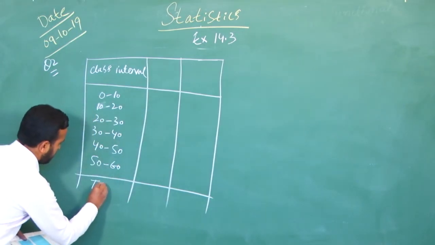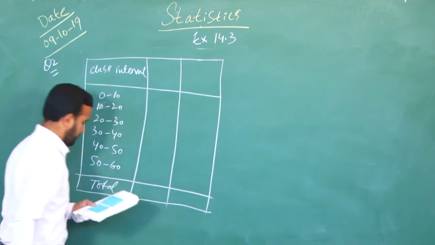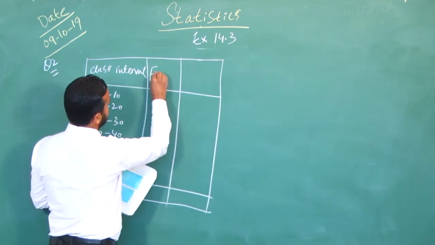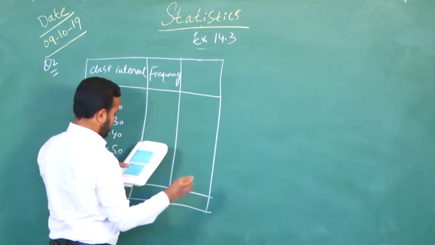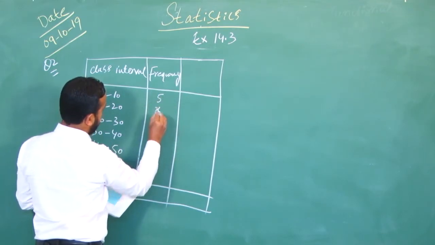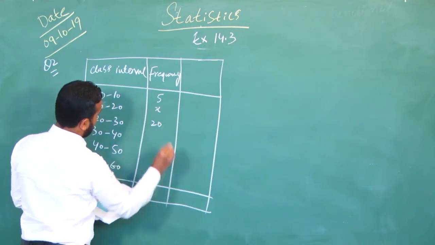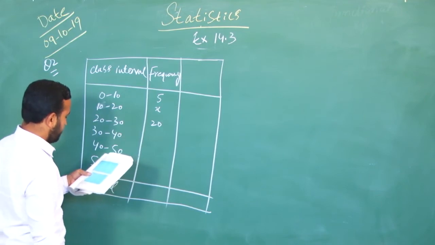Then the total in the last one. Here, for the frequency, we have to write the particular values: 5, then x, which is an unknown value we are supposed to find in this frequency distribution.